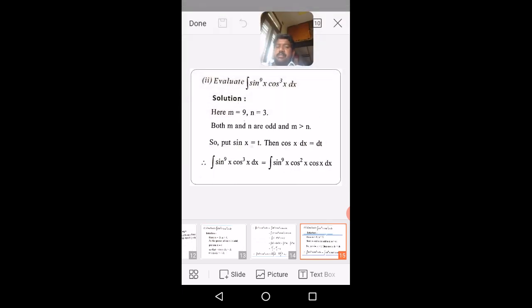Okay, so this is the method to follow. And next question: evaluate the integral of sin^9 x into cos^3 x dx. So here the power of sin x is 9 and the power of cos x is 3.